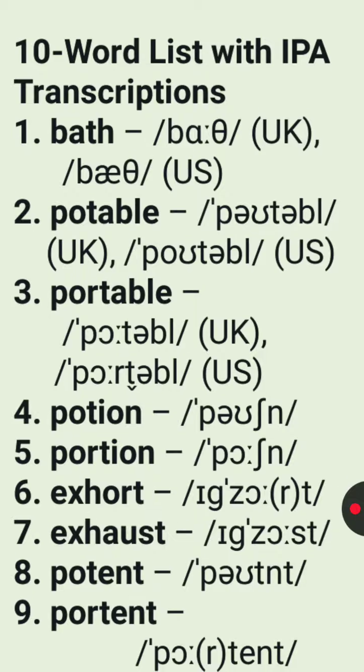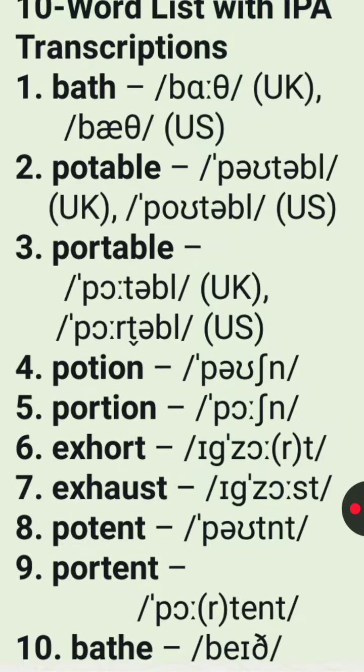Numbers 8 and 9, we have potent and portent. In number 9 particularly, we have the long O sound after the P sound, and then T sound, short A sound, N sound, and T sound.